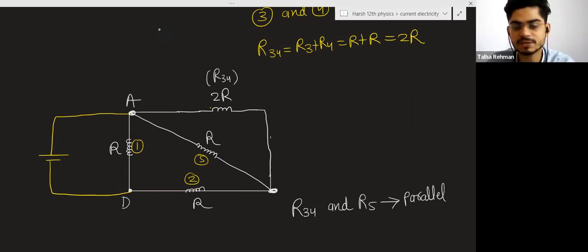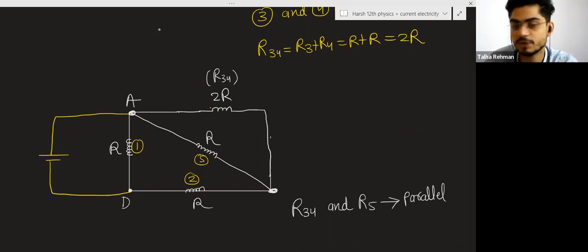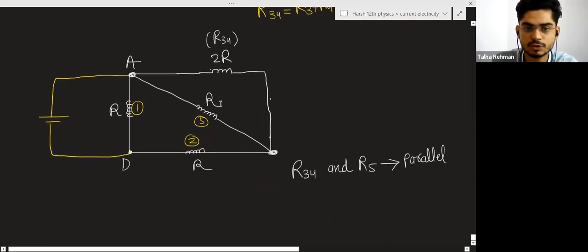You have to solve the question step by step. You cannot add all the resistances at one time, because there is complexity in the circuit. Here, this resistance R and this 2R are connected in parallel because they are connected end to end. But we cannot say that this R and this R are connected in parallel or series. We do not have any idea. So just go step by step.